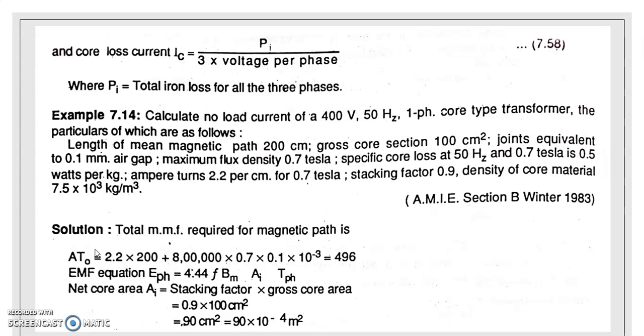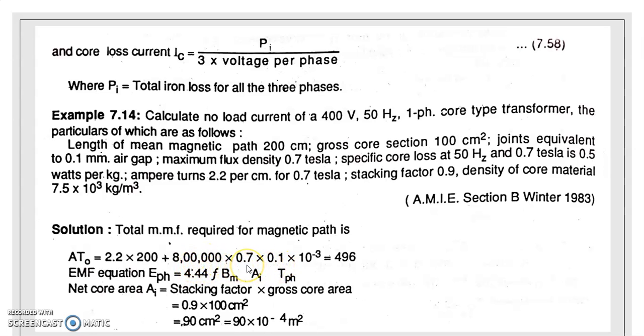Now let's see the solution. Total MMF, first of all, we have to calculate here. We have total ampere turns of 2.2 per centimeter for 0.7 Tesla. So we can go with 2.2 into 200 for the magnetic path, that is AT into length of the magnetic path, plus 8 lakh into B into L, that is the MMF for joints.